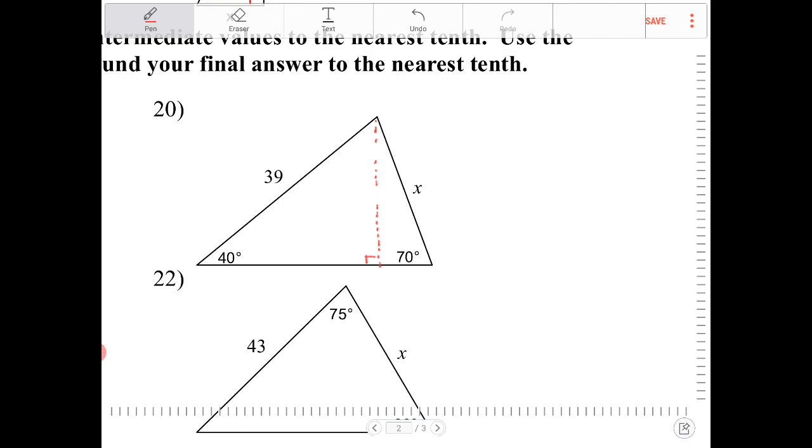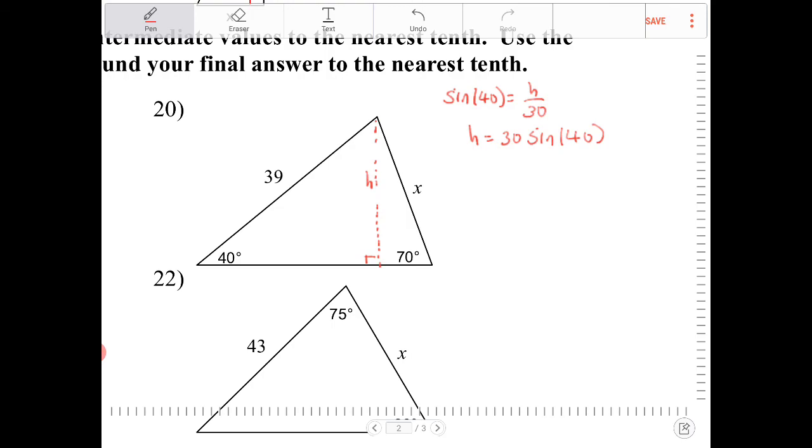So I'm going to call this altitude h, and let's solve for h because it's being shared by both triangles. So h is actually opposite of 40, and 30 there is the hypotenuse. I want to use sine of 40 is equal to h over 30. And again, I want to solve for h. So h will equal 30 sine 40.